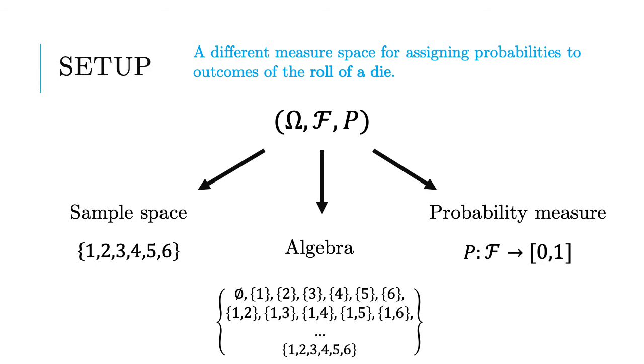And if this is a situation where we think that this is a fair die, our probability measure, P, will then map things like the die coming up any one number to 1/6, or the die coming up even or odd to 1/2, or the die coming up anything at all to 1.